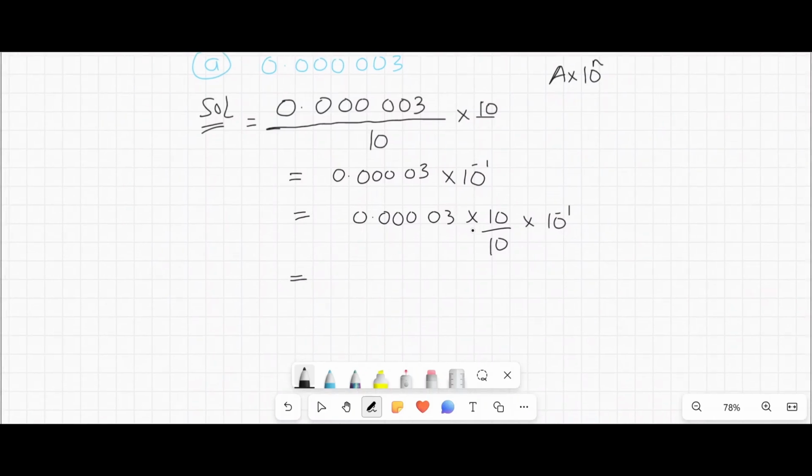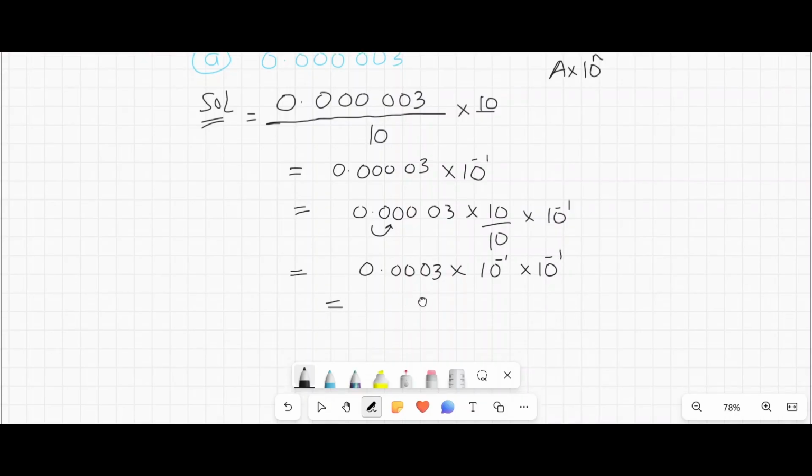The number in the numerator will multiply with this 0.0003, so it will convert into 0.000 and 3. It's like the point is moving towards the right side. So the 10 in the denominator will convert into 10 raised to -1. Similar logic will follow.